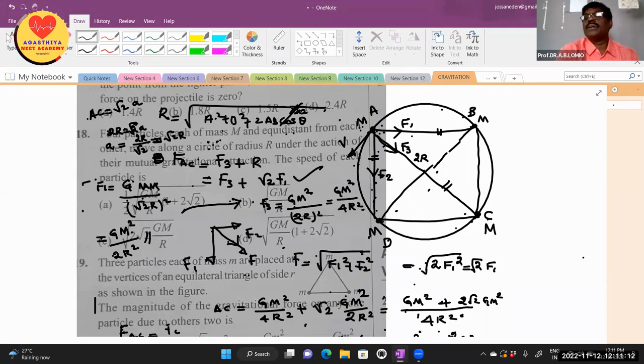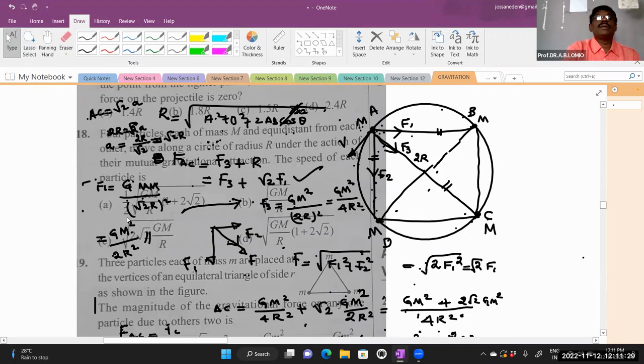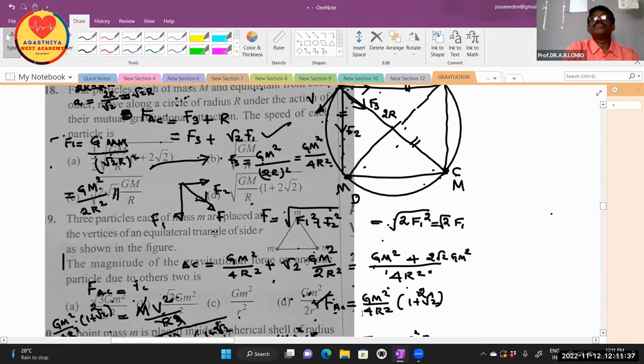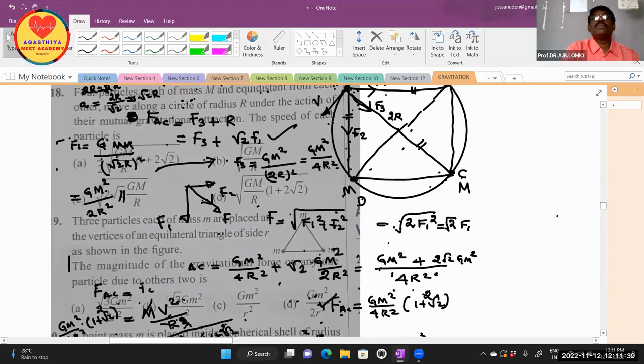Therefore, the side of the square becomes root 2 R. That is the distance between A and B and between A and D. Using this distance, F1 equals G M m divided by root 2R whole squared, which becomes Gm squared divided by 2R squared. Now to find F3: F3 equals Gm squared divided by the distance between A and C, 2R, whole squared, which is Gm squared divided by 4R squared.